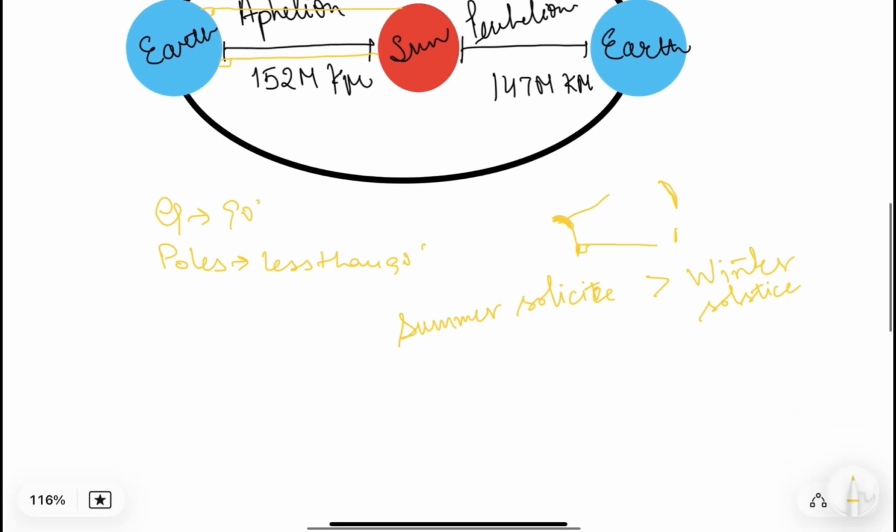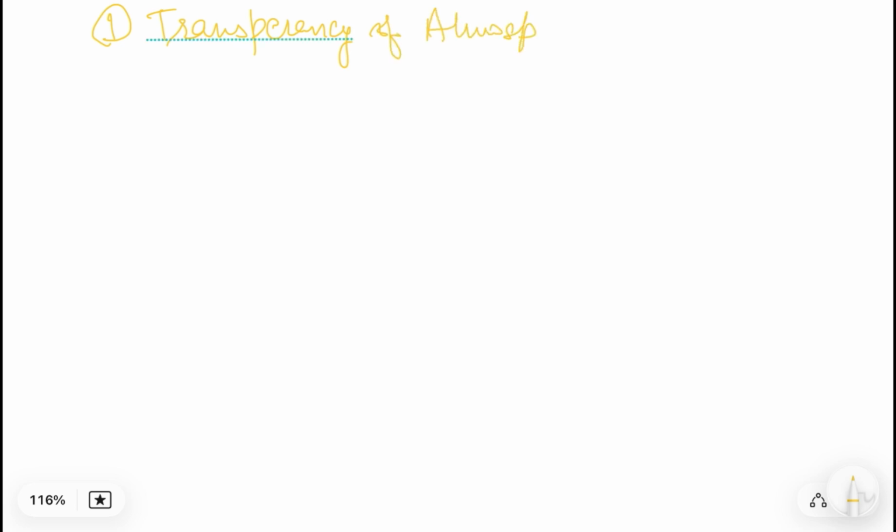Now the second factor affecting insolation is the transparency of the atmosphere. How does the transparency of the atmosphere affect the distribution of insolation?